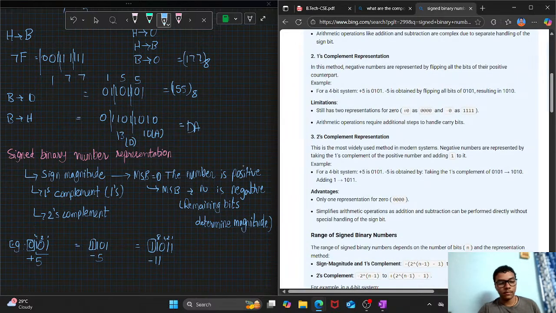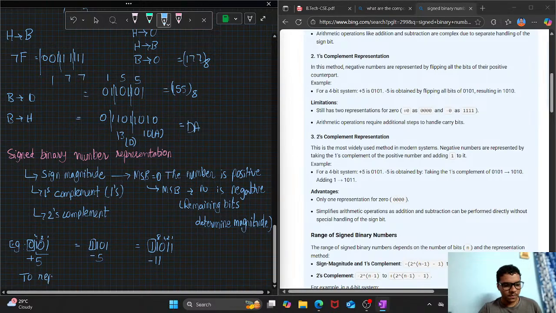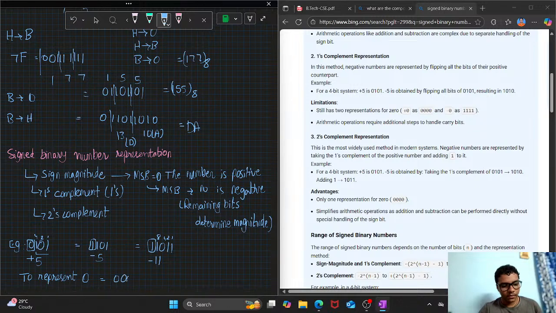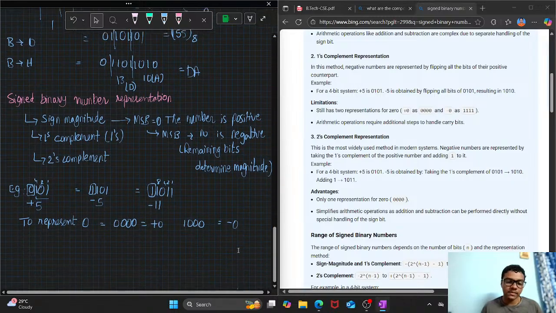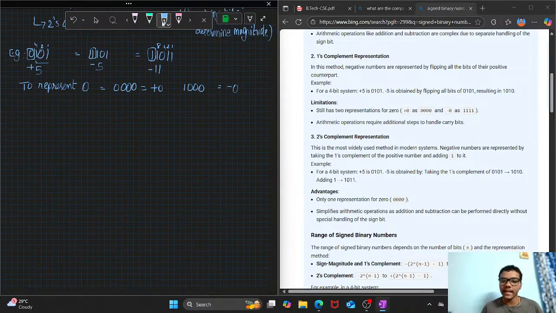So what are the limitations? I mean, why did we invent one's complement again? This is very convenient, right? But the problem is, to represent 0, you have 0, this one, this means plus 0, and this means minus 0. So that is not how 0 works, right? You need to have only single representation for 0, because 0 is neither positive nor negative.